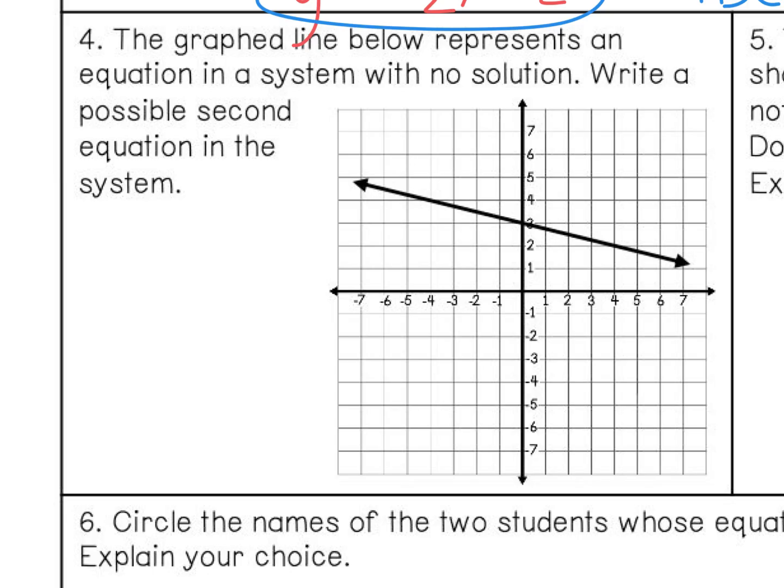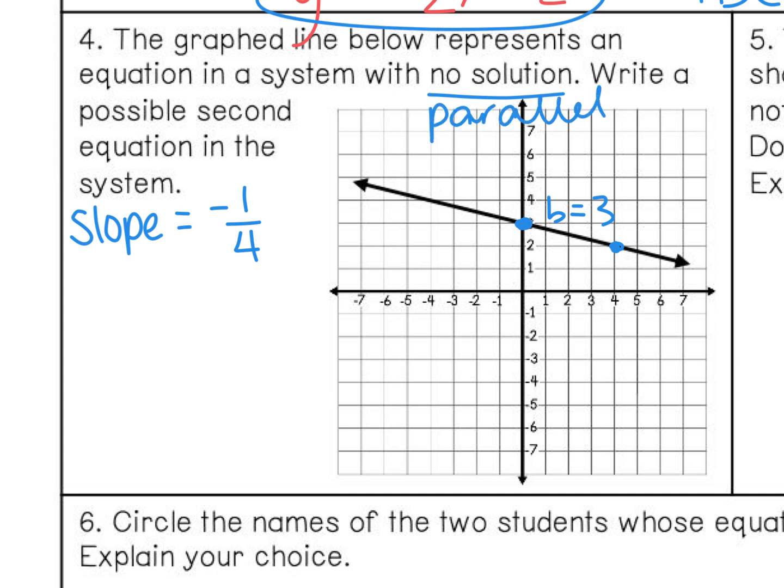All right, so if it's no solution, we need to know that the slopes are the same or different. Slopes are equal. Okay, so let's find the slope here. What is it? Negative 1/4. And the b on this happens to be 3. Now, if we want it to be parallel, can you give me an equation that is parallel to that?